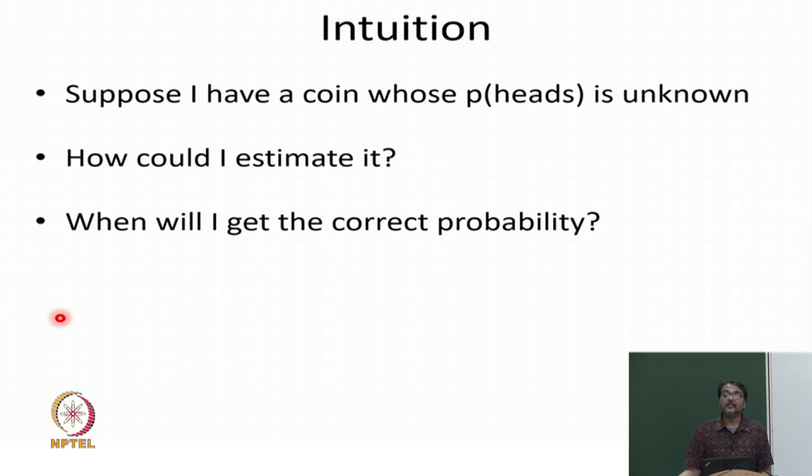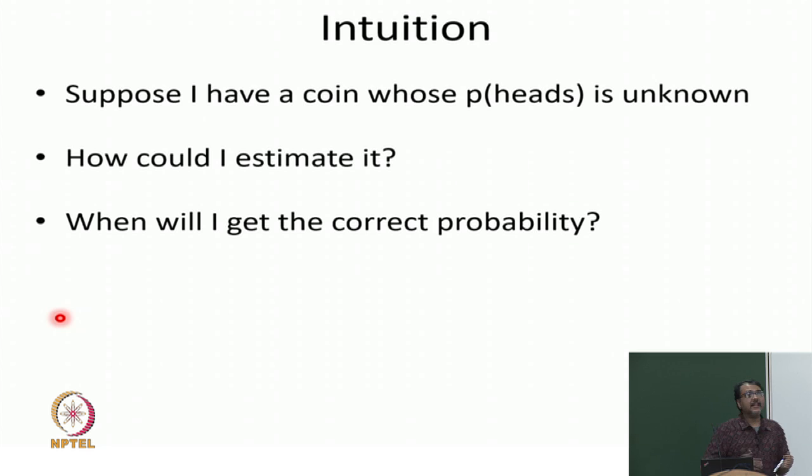What are we going to do? Toss it many times, take lots of samples from the coin, and then say out of the total number of tosses, what fraction of times did I get heads, and that would be my estimated probability of heads, right.